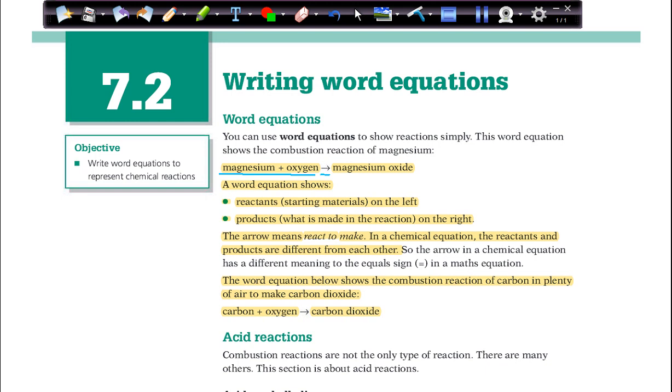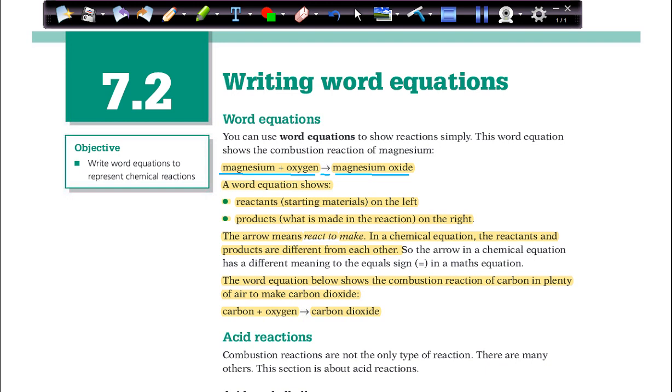Why are we drawing an arrow? This means a reaction is happening, a chemical reaction is taking place. Then we write the products on the right of the arrow. So this is how you write your word equation.